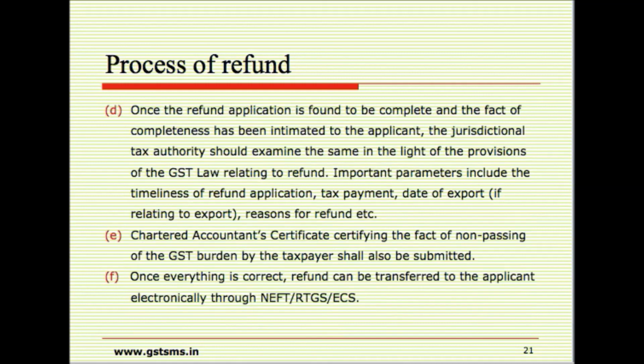Once a reply has been received by jurisdictional officer and he finds the application to be complete, then he will check the application with regard to various provisions of GST law. Example, time of receipt of application, reasons for refund, payment of tax, date of export, relevant date, etc. Then the jurisdictional officer will also check for the chartered accountant certification with regard to non-passing of GST burden by the taxpayer.